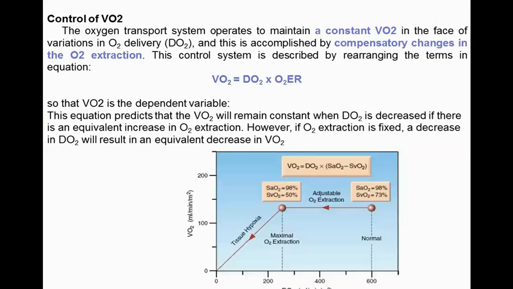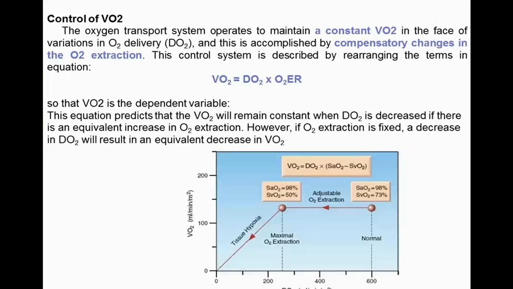This is oxygen uptake. It's 150. It's constant. So the tissues will take what they need, even when the delivery decreased. Forever, or to a certain point? To a certain point. What is this point? The point where the extraction becomes maximized. How do they maintain oxygen uptake at the same level?